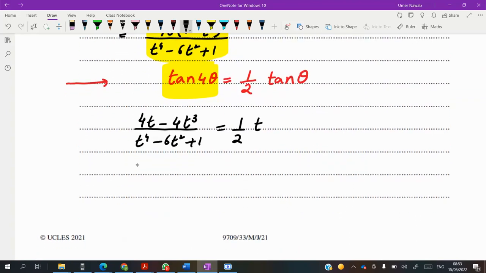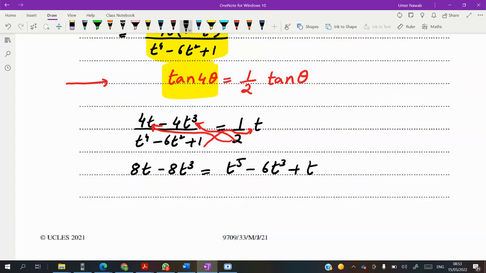Do the cross multiplication. So 8t, this 2 is going to multiply with this and this, and this whole thing will multiply with t. So 8t minus 8t cubed is equal to t power 5 minus 6t power 3 plus t, right?